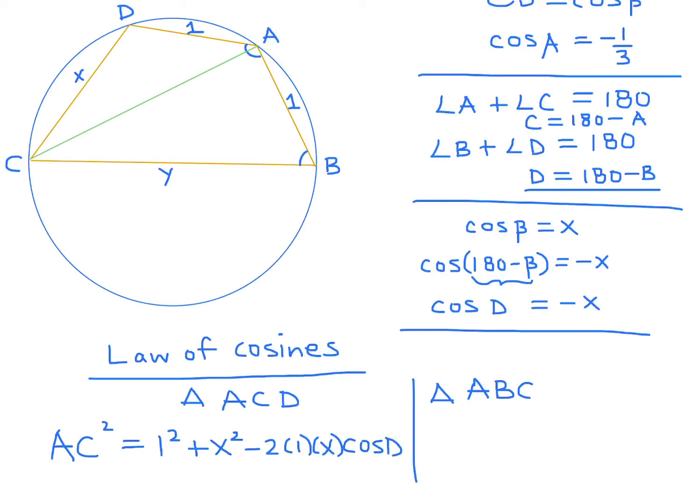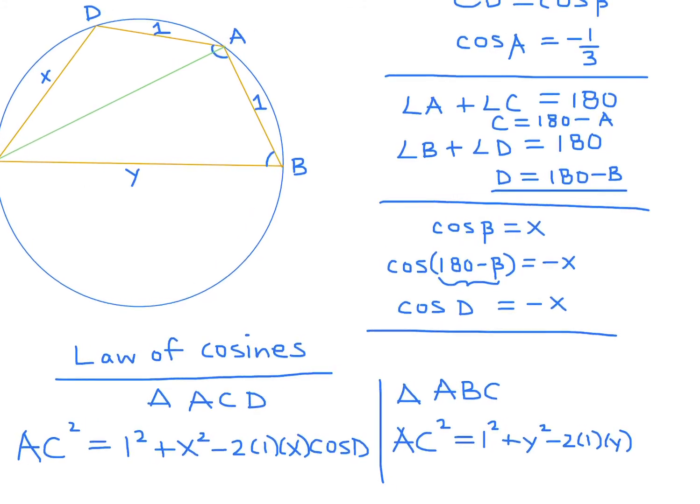And then for triangle ABC, which is this triangle right here, we are going to use the law of cosines, but this time again involving AC. Using that, we'll get 1 squared plus y squared minus 2 times 1 times y cos of B, like that.